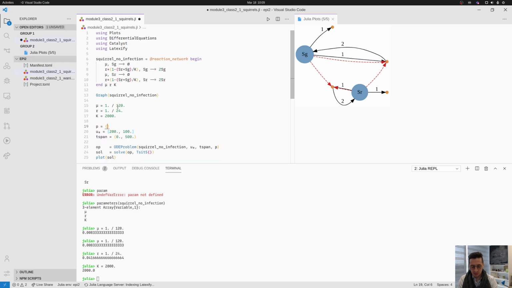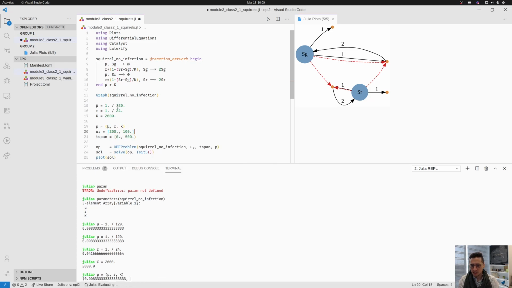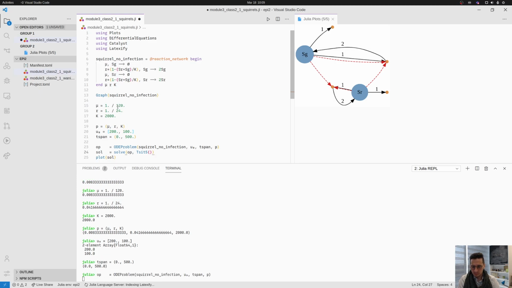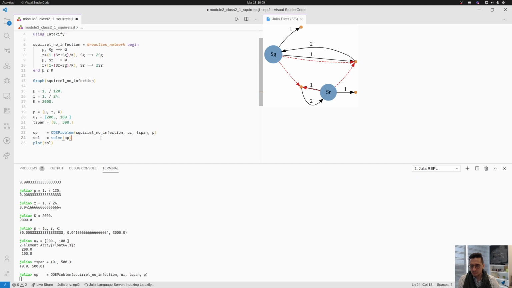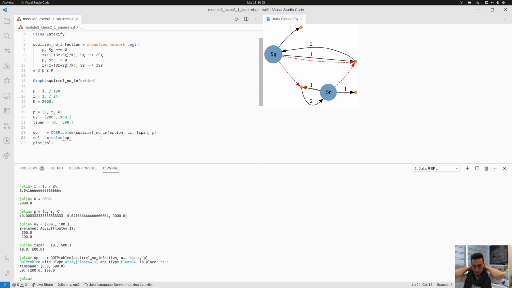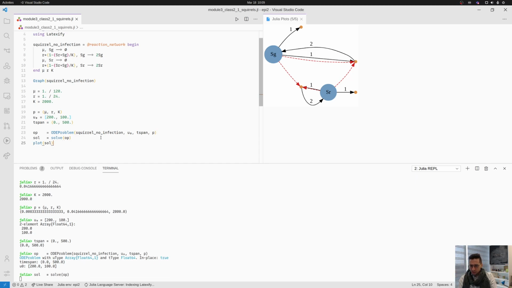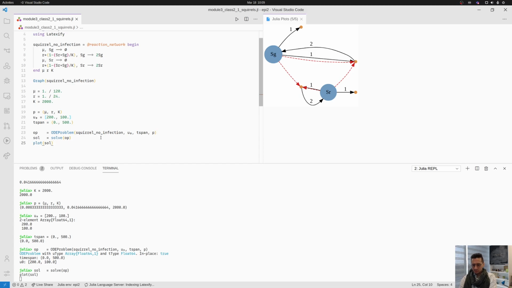We are going to put them in a vector of parameters, mu, r, and k. And we can run the model. I think we have loaded differential equations, so we don't need to specify the solver. That is defined, we can solve it, and then we are going to plot that.